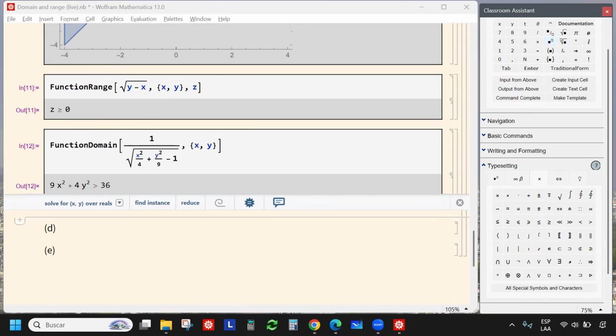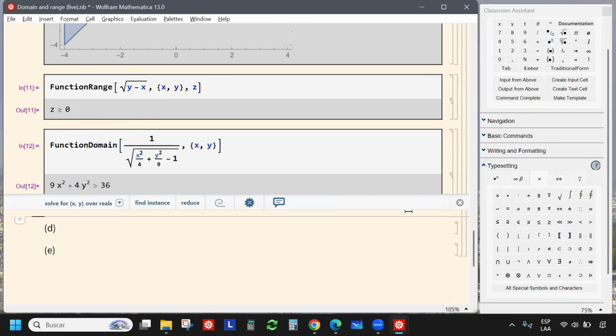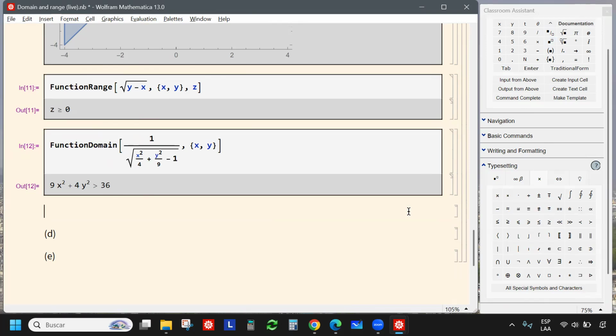Let's write this formally. So remember, you generate a text cell with Alt and at the same time 7. And here we write boundary of F, boundary of domain of F. You can abbreviate domain as DOM. Boundary of domain of F equals, in between curly braces, it is a set.